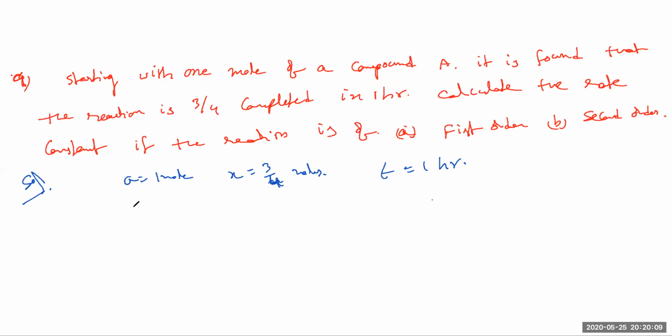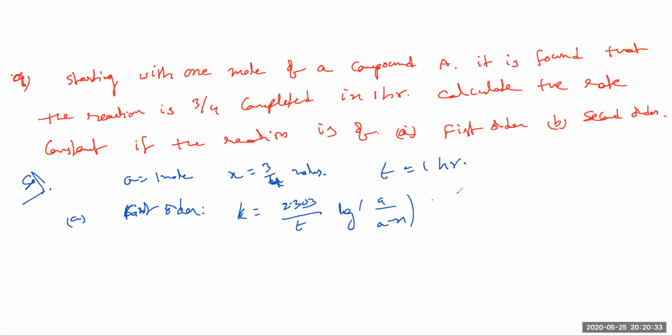See this. K is the first order rate constant. What is the formula for the first order case? K is equal to 2.303 by t into log of a by a minus x.